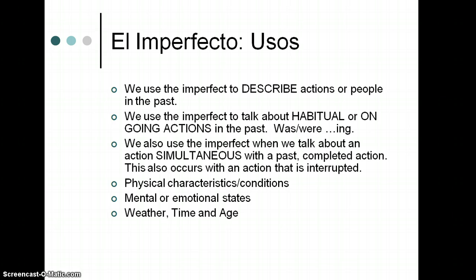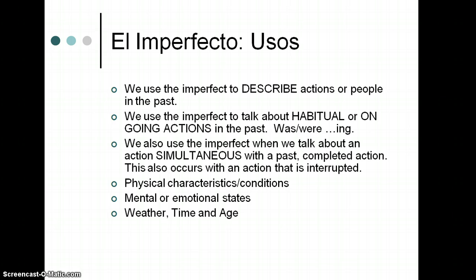I didn't say 2 years ago, in that year. It's pretty unclear when it started and when it ended. In fact, I didn't give it any ending point at all. So that's the difference between how I would use the preterite to talk about something that happened more than once in the past, and to talk about a habitual or repeated action in the past using the imperfect.